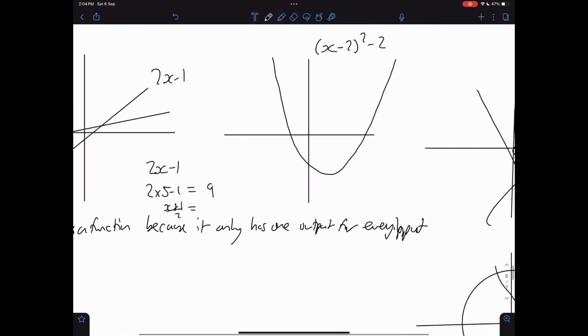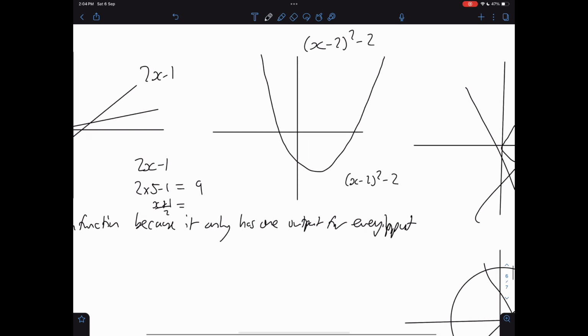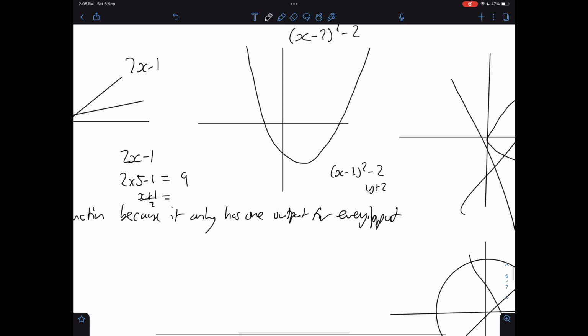But say we did this one here, x minus 2 squared minus 2. We did y plus 2, then the square root, and add 2, and remember this has to be plus or minus, so we'll get something like that. And that does not pass our vertical line test.